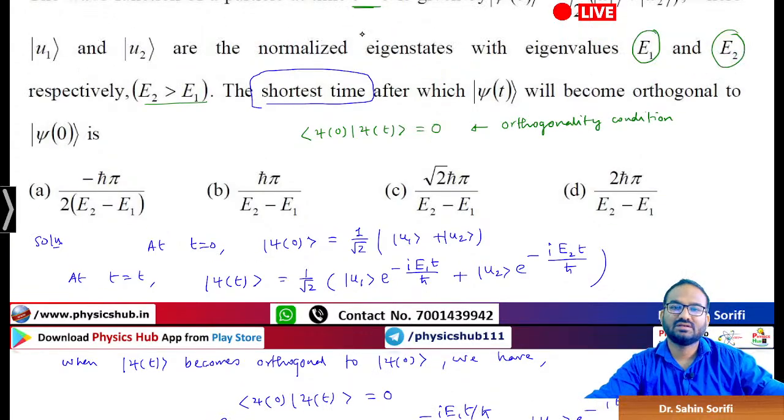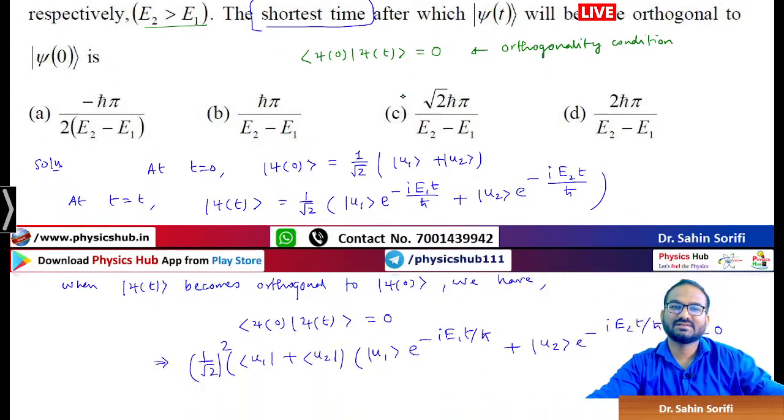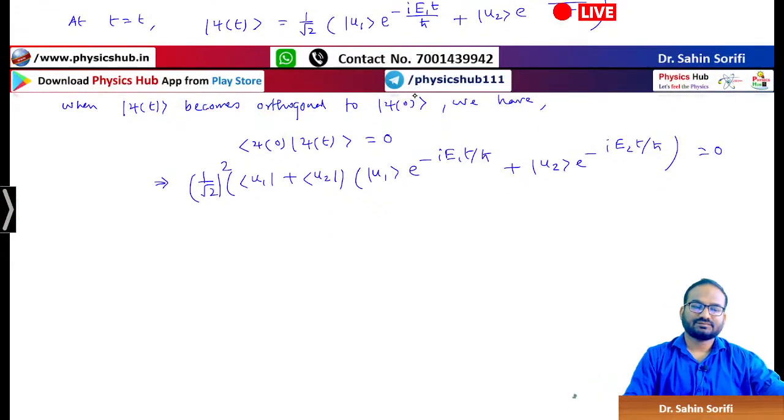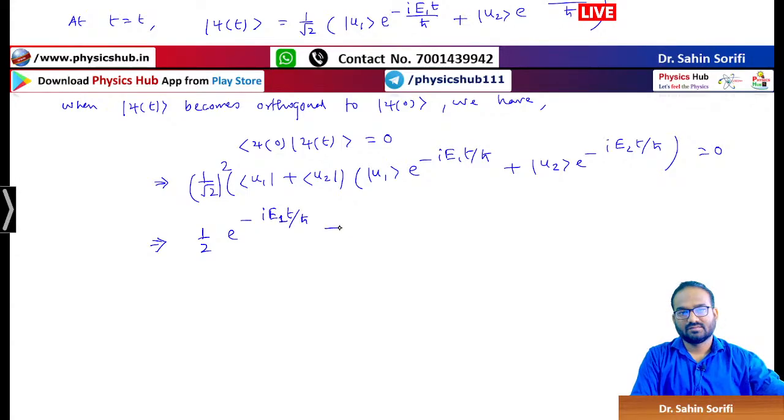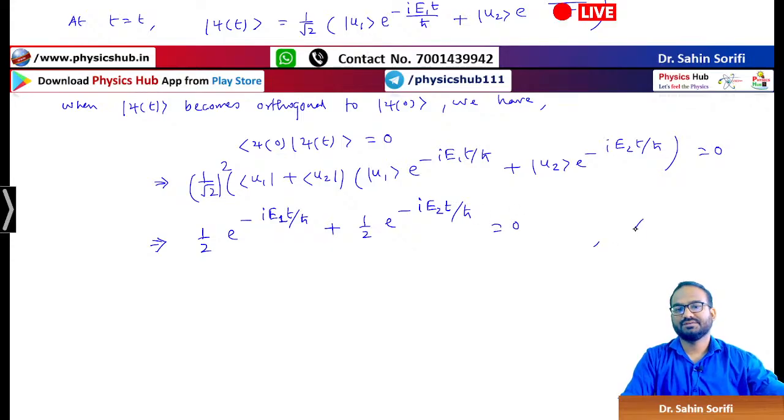Now these are normalized eigenstates. So this will become half e to the power minus i E1 t by h cut plus half e to the power minus i E2 t by h cut, using the orthonormality condition.